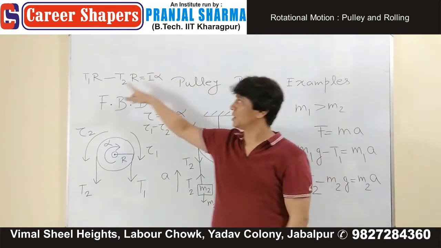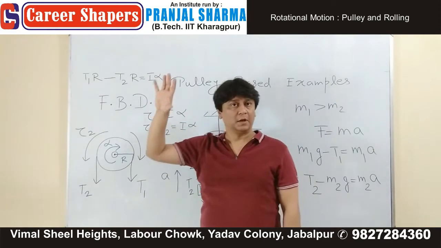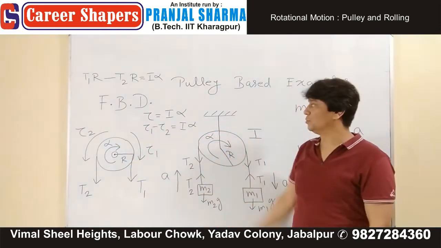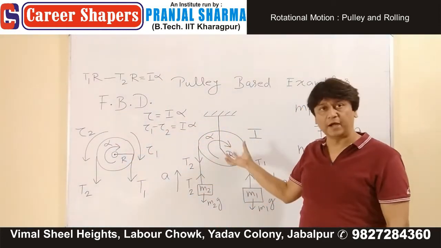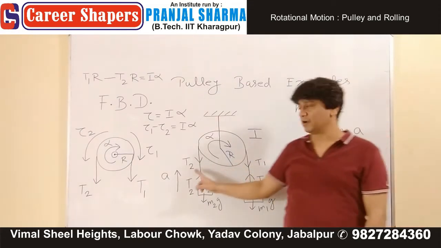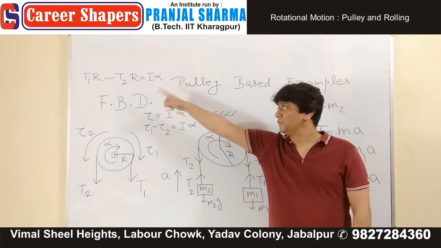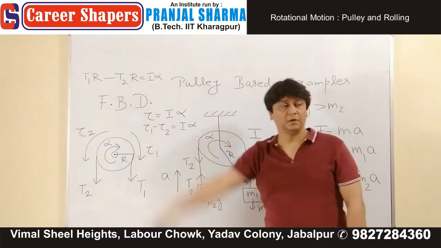That gives us what? T1 equals T2. लेकिन यहाँ पर रोटेशनल मोशन में ये पुली रोटेट करेगी, इस वजह से दोनों तरफ टेंशन फोर्स सेम नहीं हो सकता. That's your third equation.